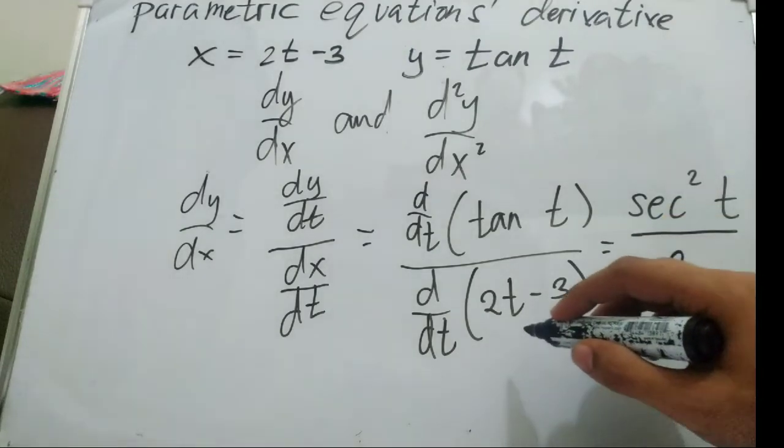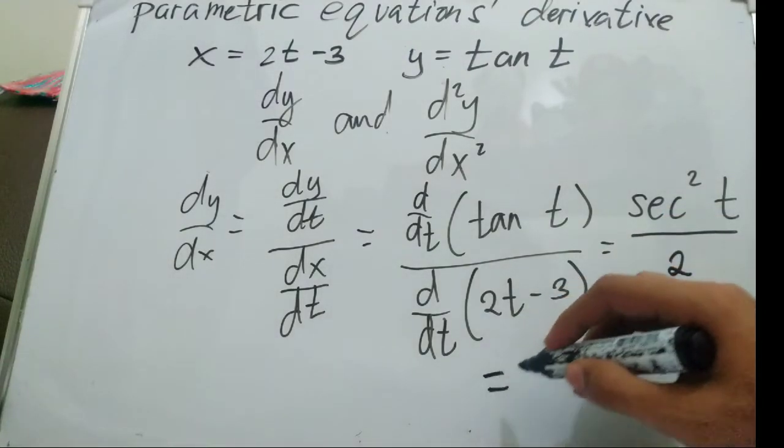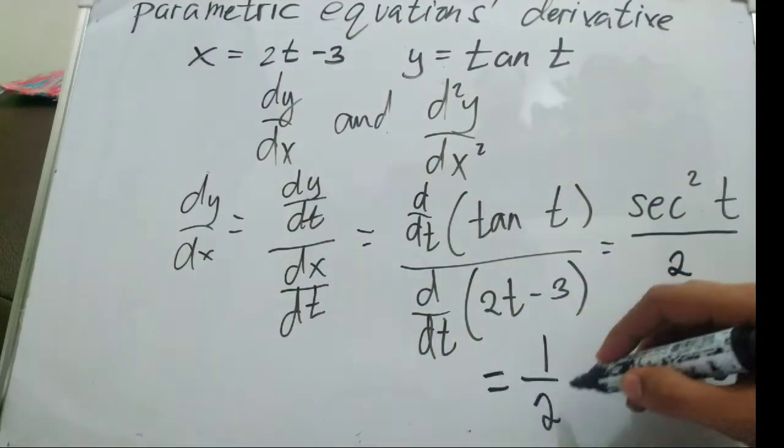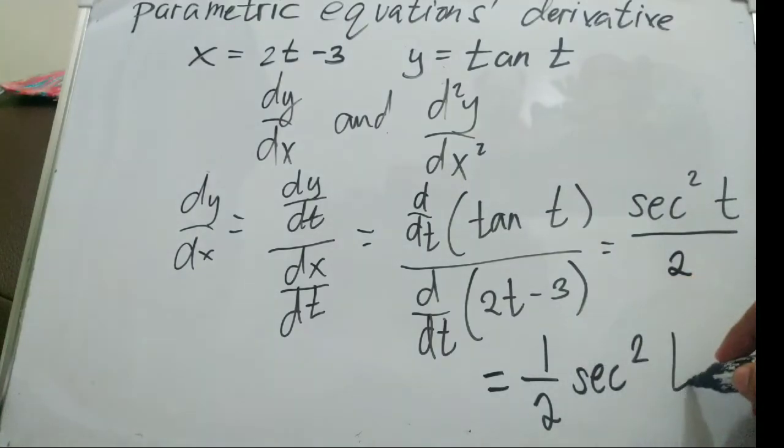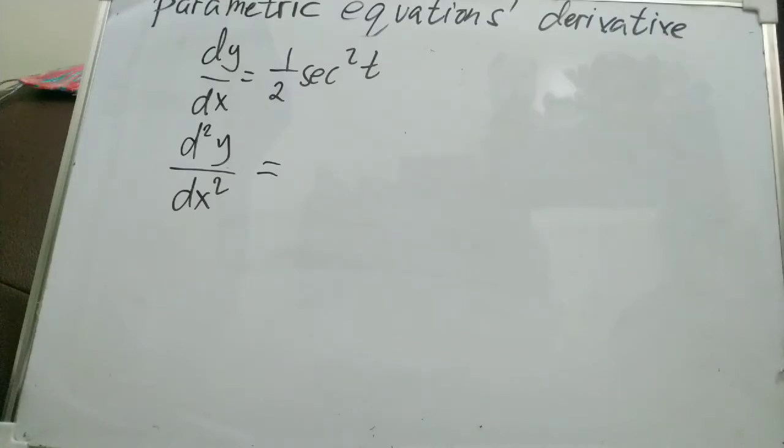Our final answer is then 1/2 secant squared t. We have it at dy/dx equals 1/2 secant squared t.